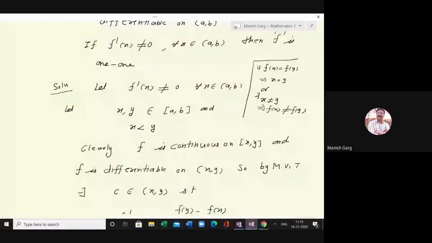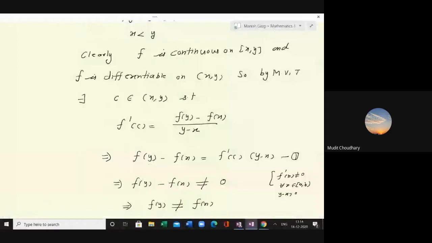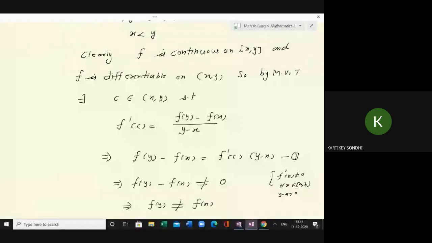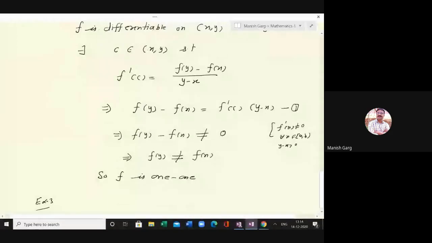Where f dash c equals f(y) minus f(x) upon y minus x. Equation 1, this example. This is f(y) minus f(x) is f dash c into y minus x, equation 1.